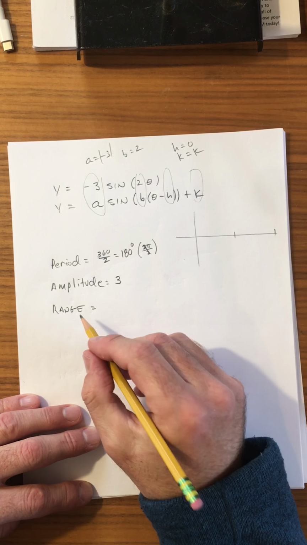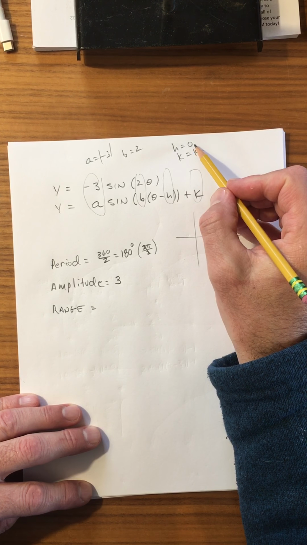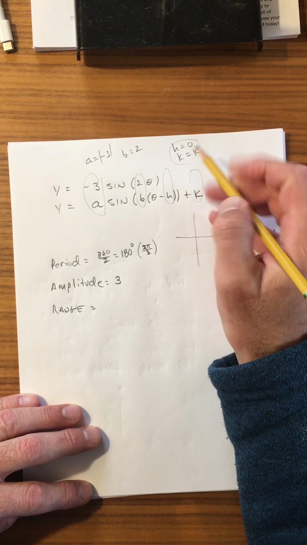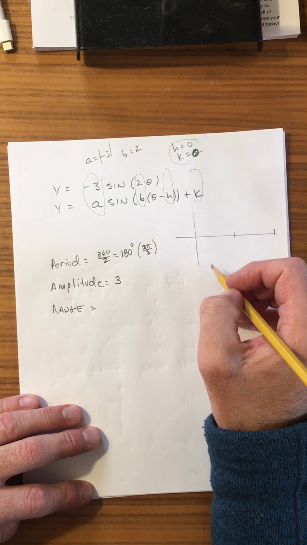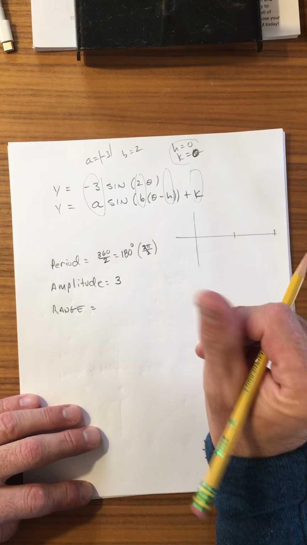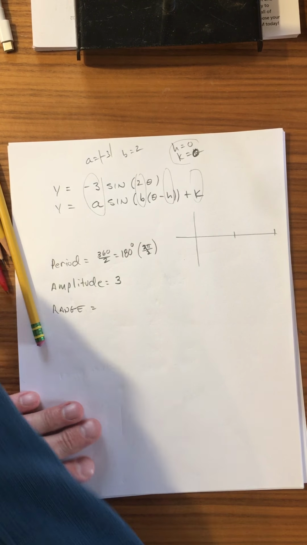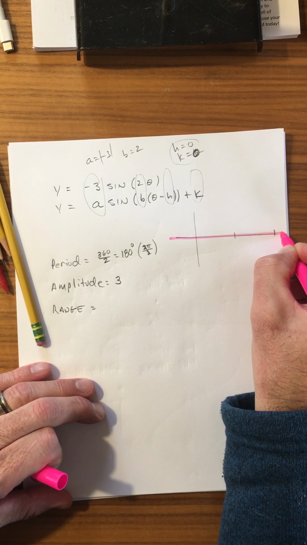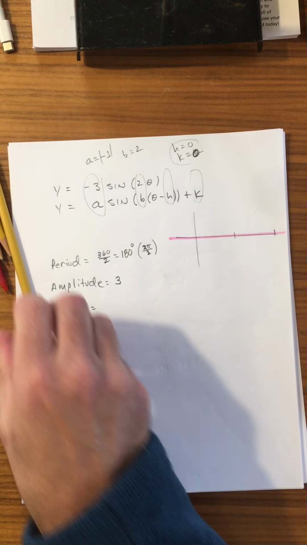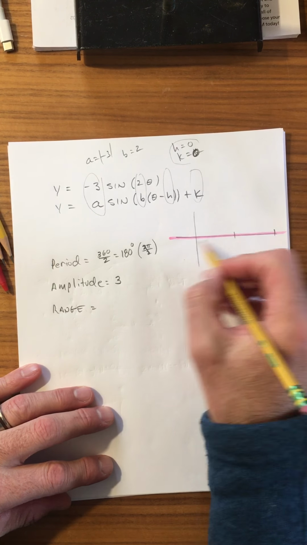Now the last thing is the range, and we're going to come back to that. But I want to mention the h and k. The h and the k say that there is no horizontal shift and there's no vertical shift. So let's talk about the vertical shift first. What that would mean is that the function is going to be here, because the k value is 0, so it's going to be centered on the 0.